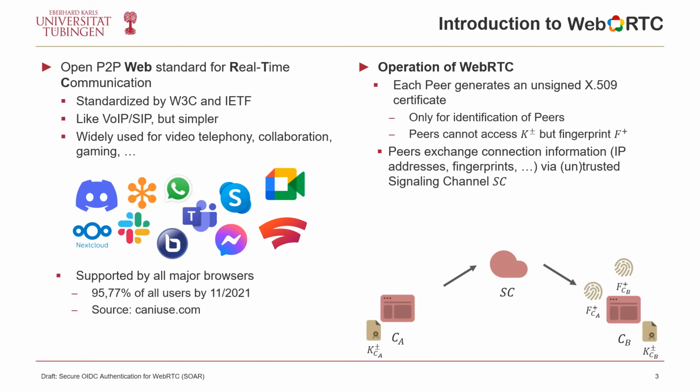The signaling channel could theoretically be every kind of connection which is out of band. We just need to reach the remote client. So we send our fingerprint and our IP address, how we can be reached, and so on. We exchange that over the signaling channel to the other client, and the other client does the same and answers with a session description answer.